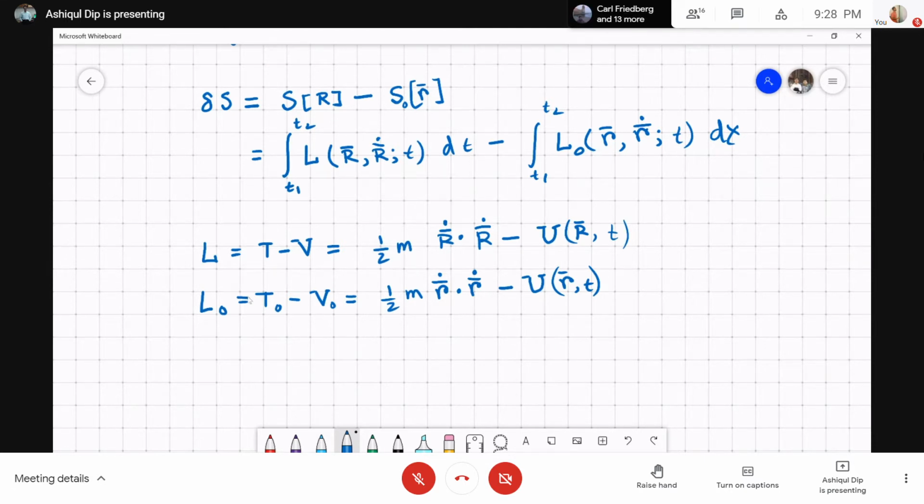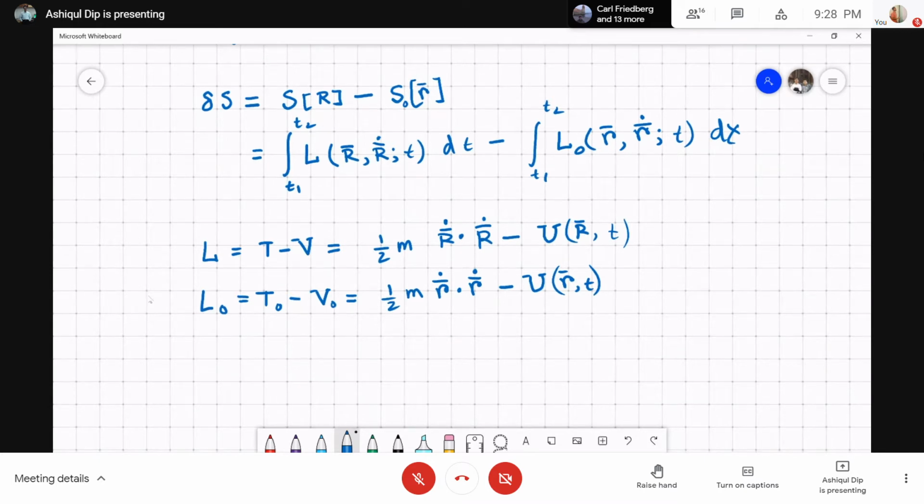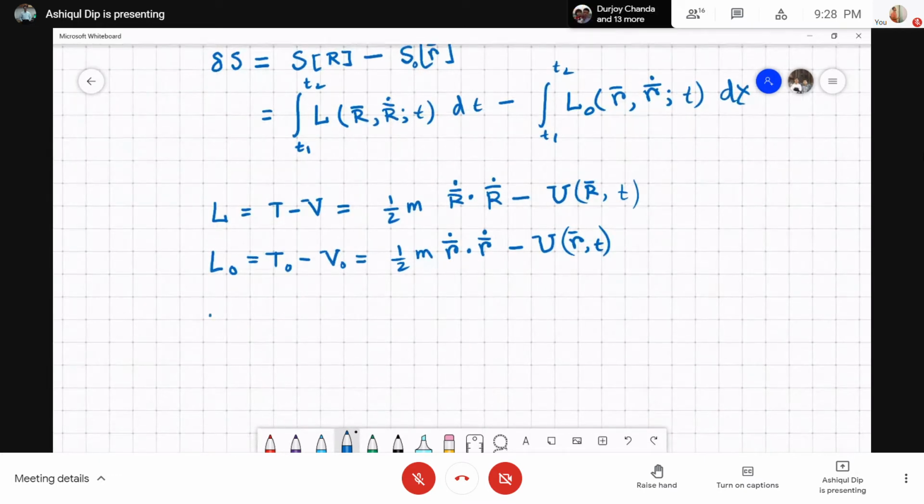Now for big L, we can perform a Taylor expansion. So we can write half m, instead of small r dot, we replace it by small r dot plus epsilon dot, like that.